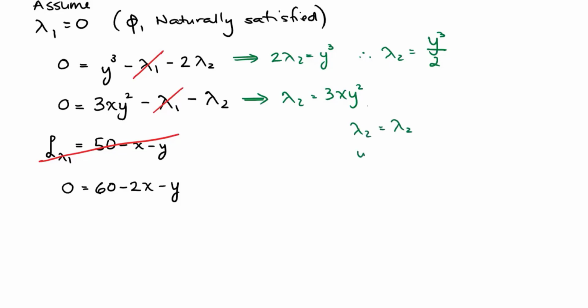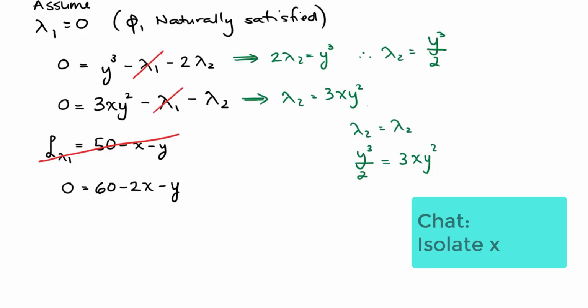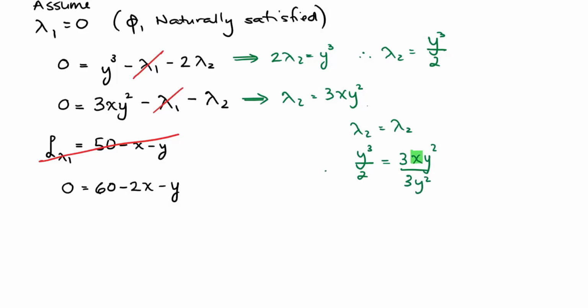I have from the first equation, y cubed divided by 2 would be equal to, from the second equation, 3xy squared. Let's go about this trying to isolate x or y? X. So let's isolate x. So I'm going to divide both sides by 3y squared. So then I get x is equal to y over 6.